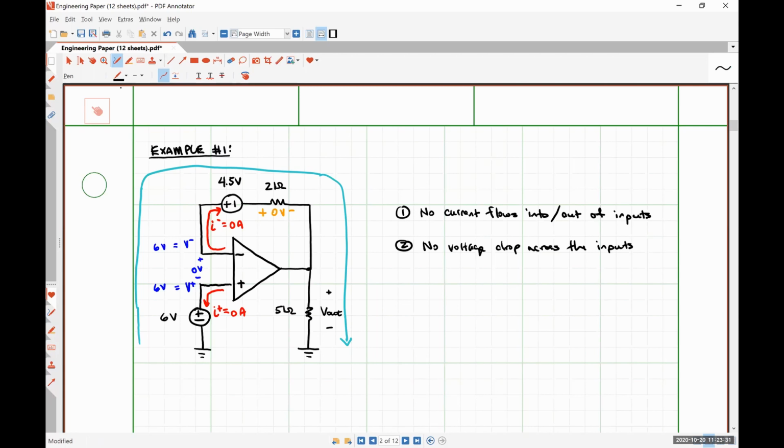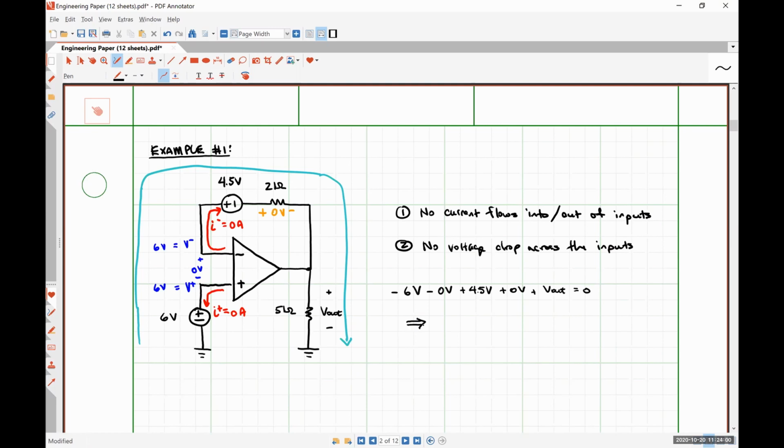And so what we have is -6 volts minus 0 volts, the drop between our input terminals, plus 4.5 volts, the drop over our topmost source, plus 0 volts, the drop over our 2 kilo ohm resistor, plus V out is equal to 0.